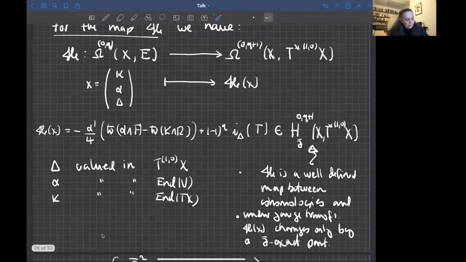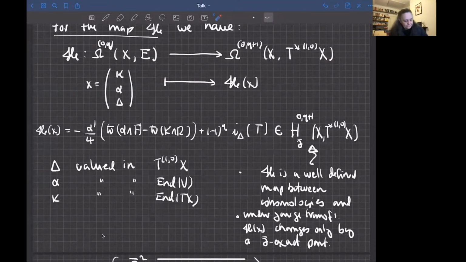And what we prove is that this is in fact good, in the sense that it's a well-defined map between cohomologies, not just between forms. It maps cohomologies into cohomologies, and under gauge transformations, this map changes only by a del bar exact part.